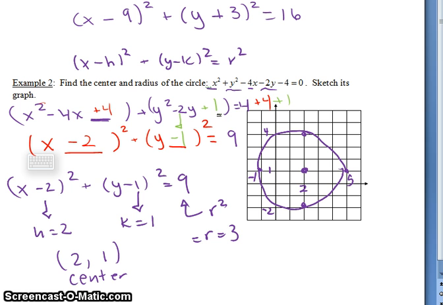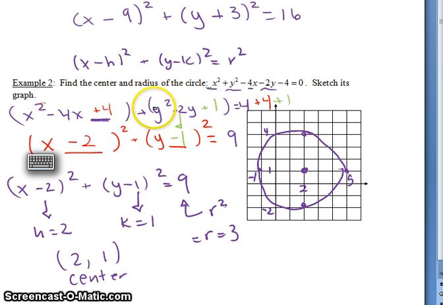And then I put the constant of minus 4 to the other side. To complete the square, the rule is you can't have a number in front of the x squared term. So you take the coefficient of 4x, you do half of that, which is minus 2, and then you square it to get 4. We added 4 on the left, so we add 4 on the right.